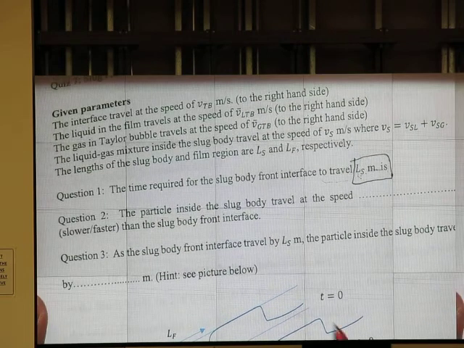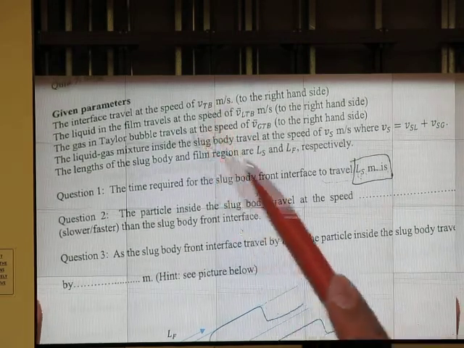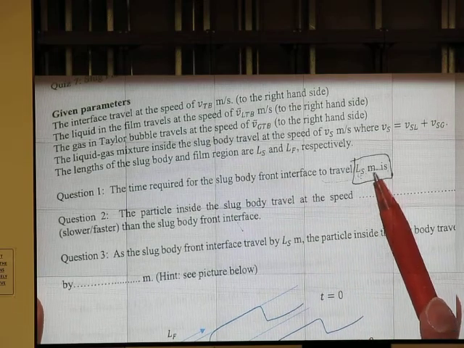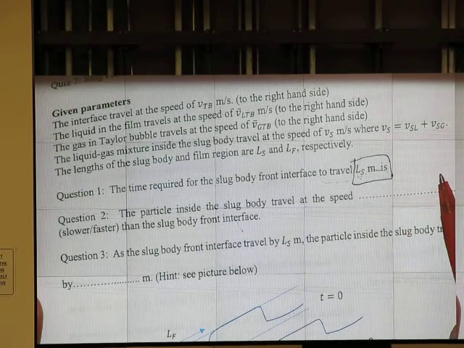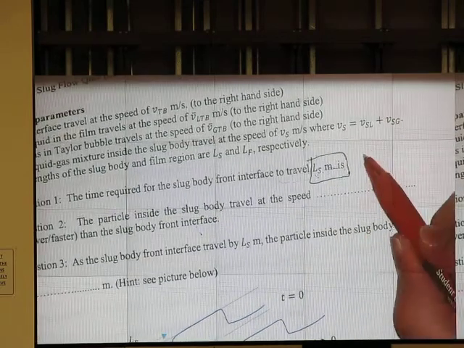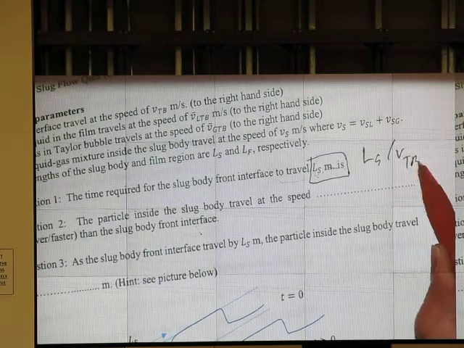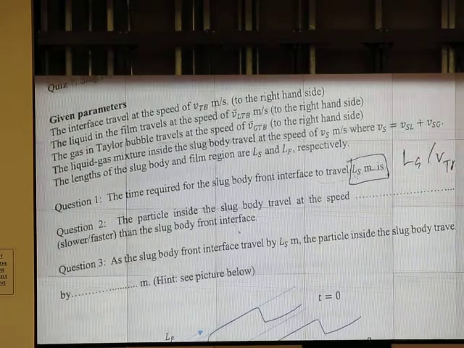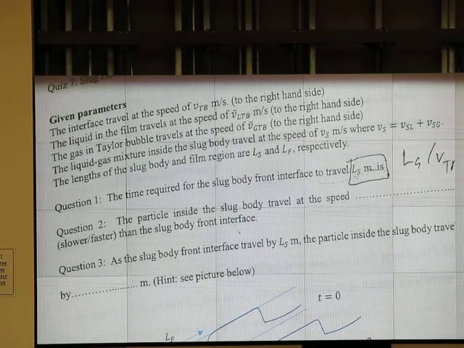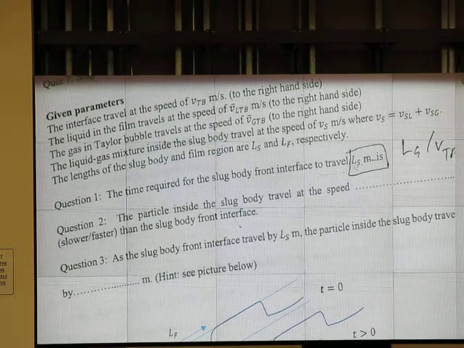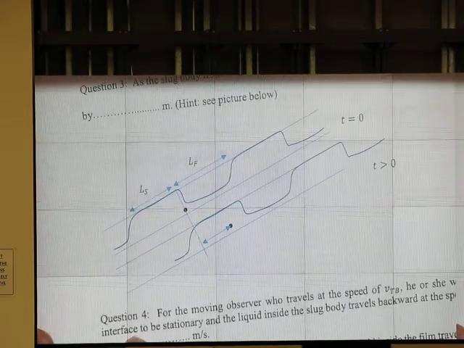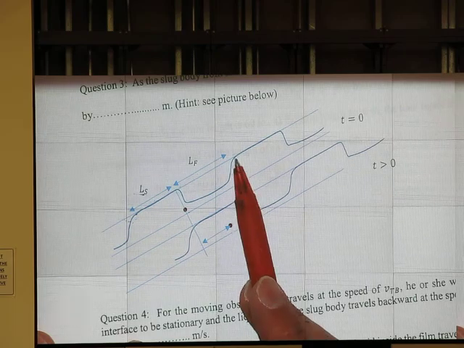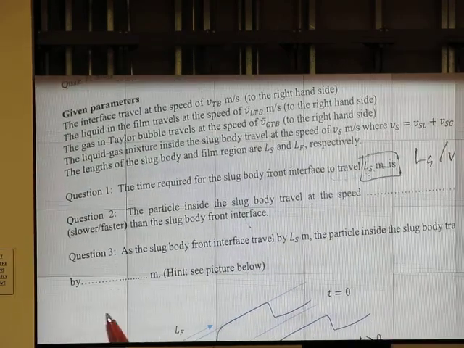And we know that the velocity is VTB and the length is LS. So the answer will be LS over VTB. Would you like to write it down? So this has to be LS over VTB. Okay. So the front moves somewhat fast, right? LS is the length of the slug body. LF is the length of the film. Okay. Question 2.